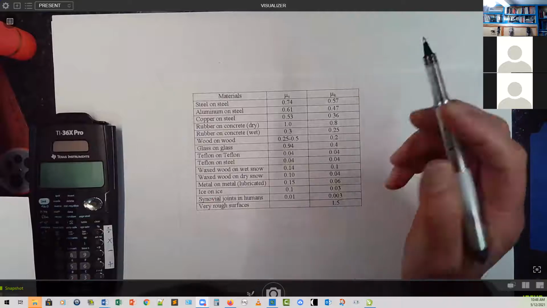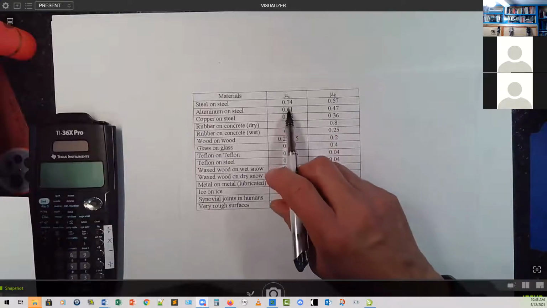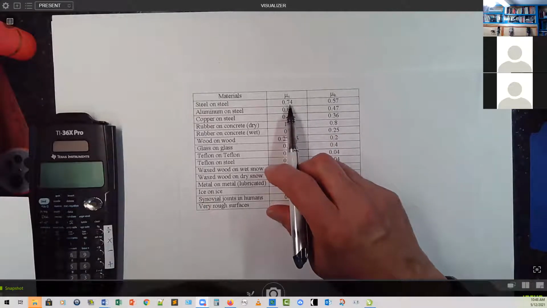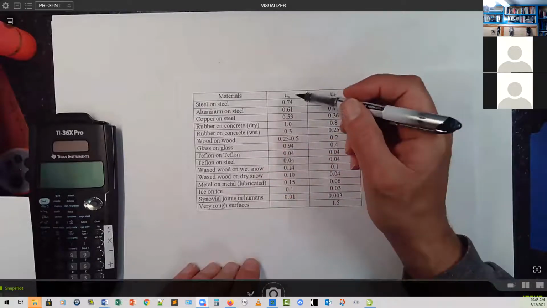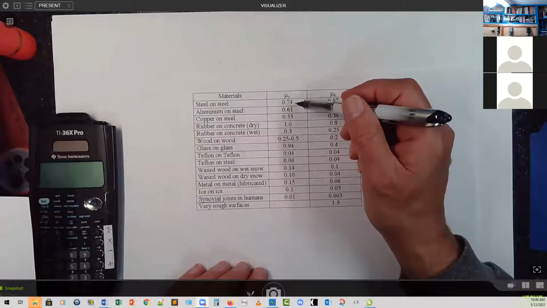For the most part, when you look at things like steel on steel, this would be like train car wheels on iron rails, would be pretty close to this. So 0.74, that's the coefficient of static friction. By the way, coefficients of friction are dimensionless.